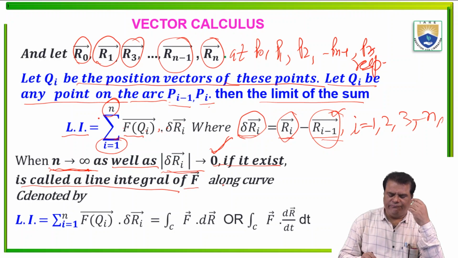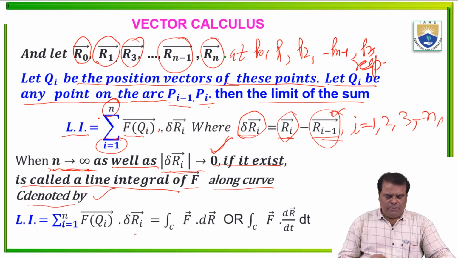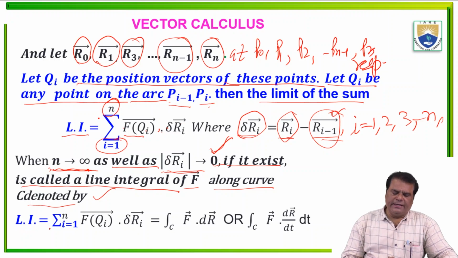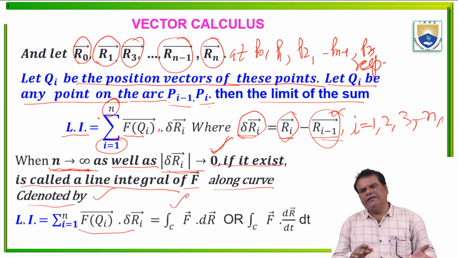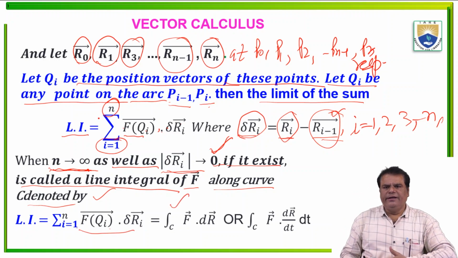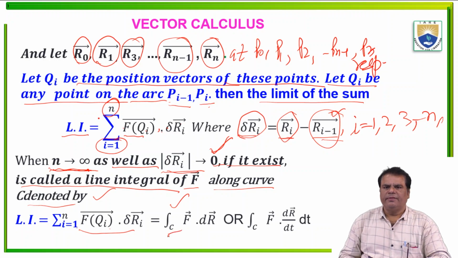of vector f along curve C, denoted by. So the line integral equals the summation from i equals 1 to n of vector function Qi dot delta ri. This result converts into an integration; any summation converts into an integration. C is the curve, and A and B are two points on the curve.